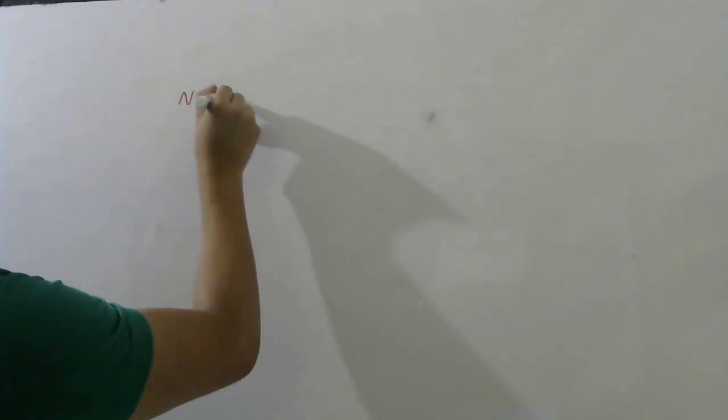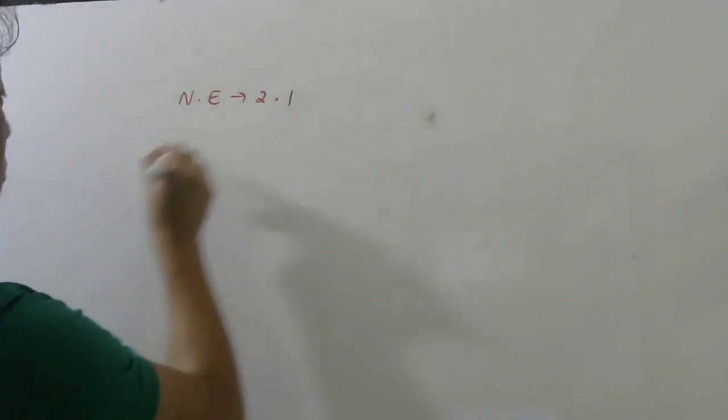Okay. So question number 2, numerical exercise 2.1. It says two charges, 3 into 10 power minus 8 coulomb and minus 2 into 10 to the power minus 8 coulomb, are located 15 centimeter apart.